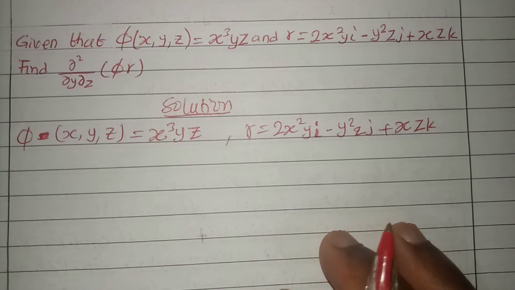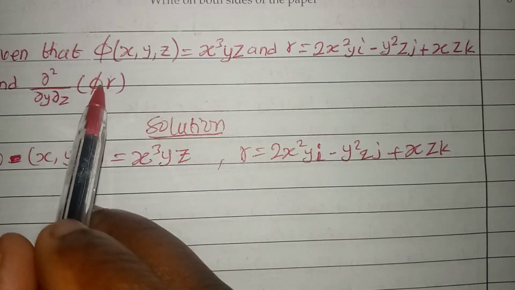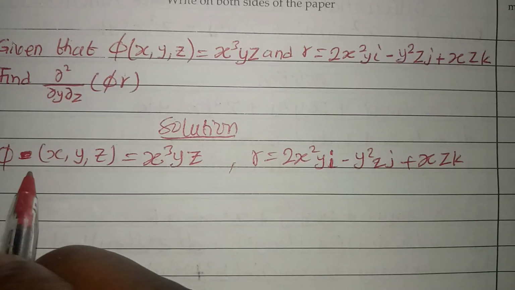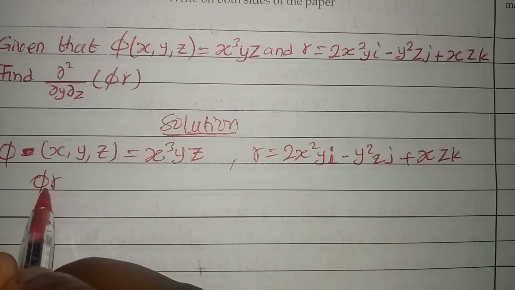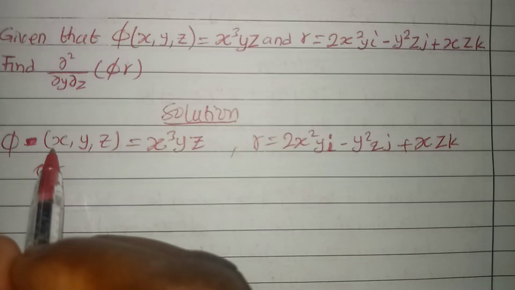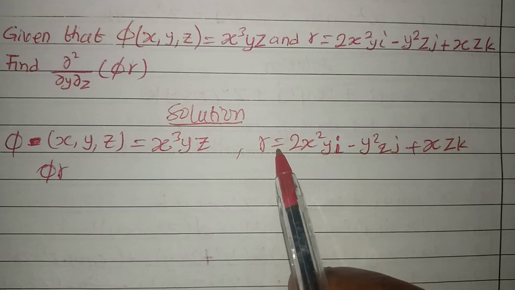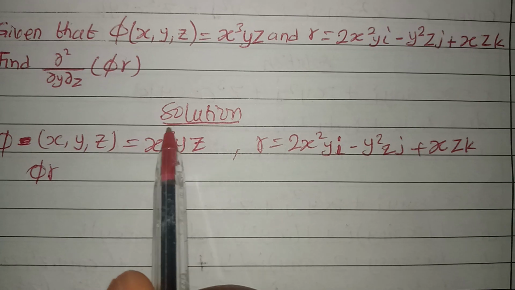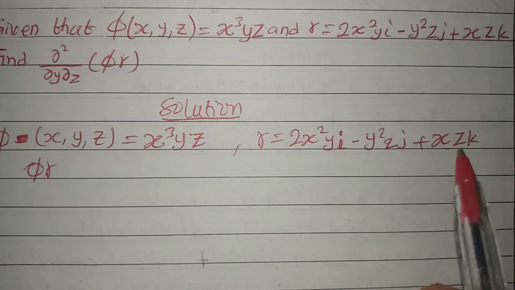So from here, our main focus is to get phi of r first. It's simply the product of phi and the function of r, which is given to us. So we are going to multiply this by everything here.